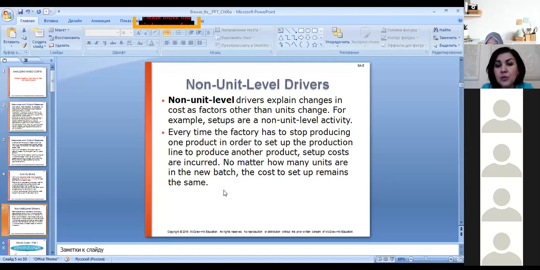And this also creates costs, setup costs. For example, if the factory accepted several orders, one order from a customer is to produce t-shirts. Another order from another customer is to produce trousers, for example.